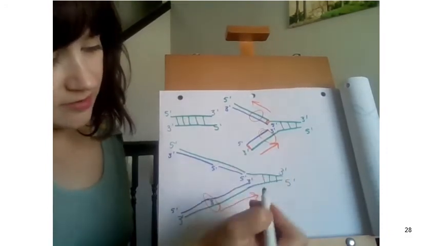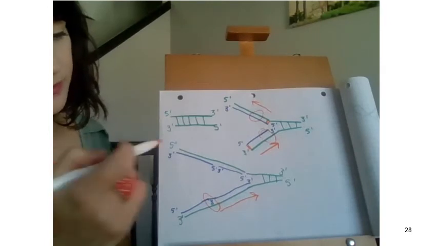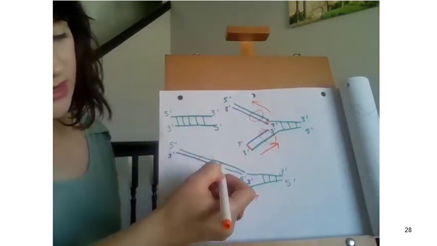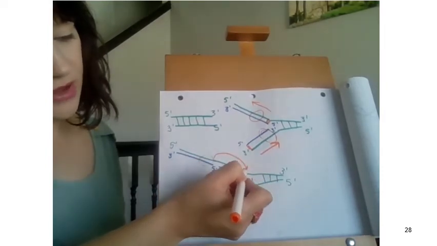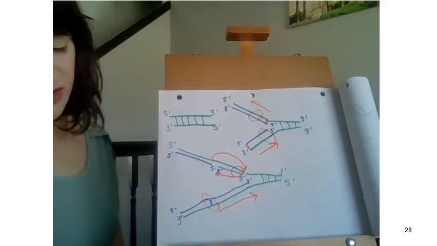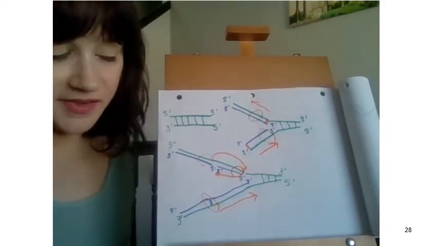This is the 5' end here, and the 3' end here. So what this polymerase has to do is it was here, right? It has to let go and jump backwards and then run and synthesize the DNA in the 5' to 3' direction. It's kind of crazy, right?